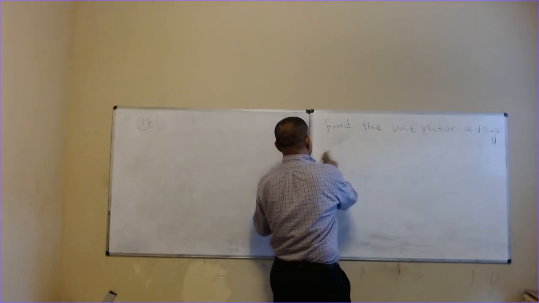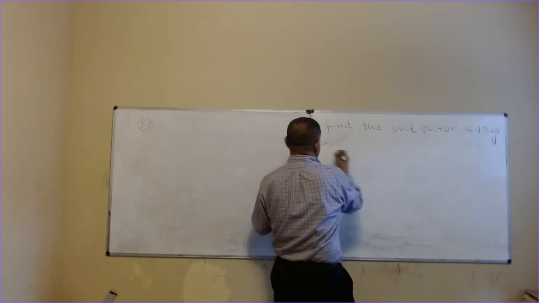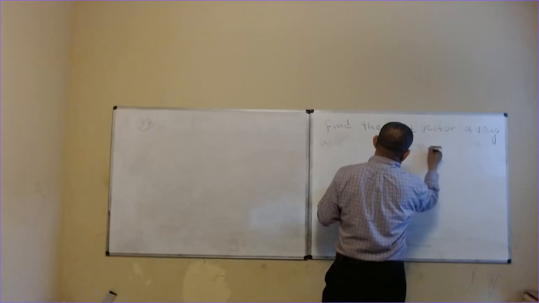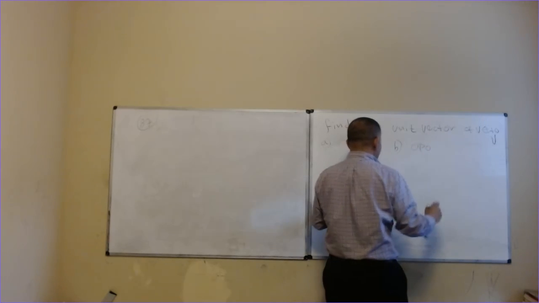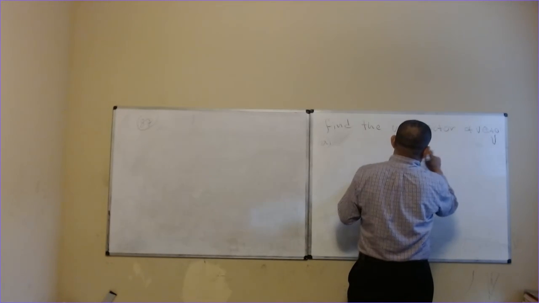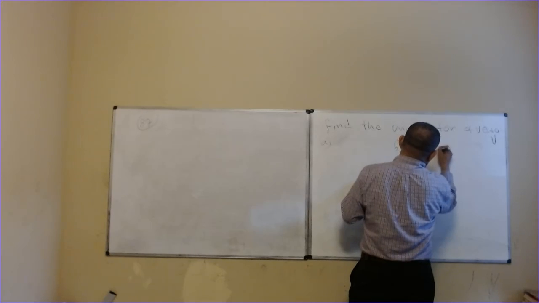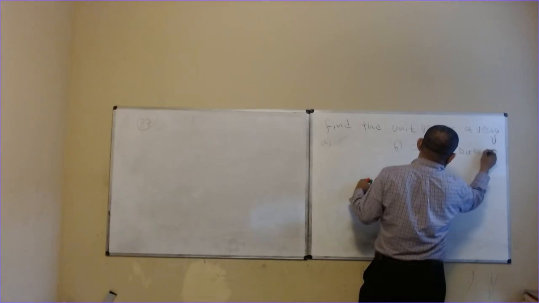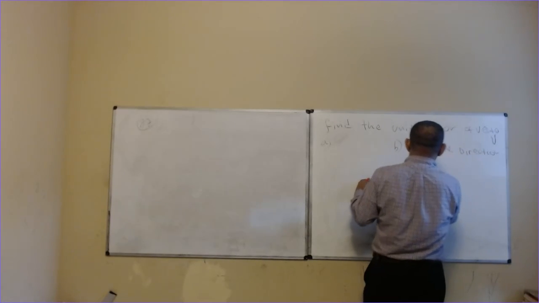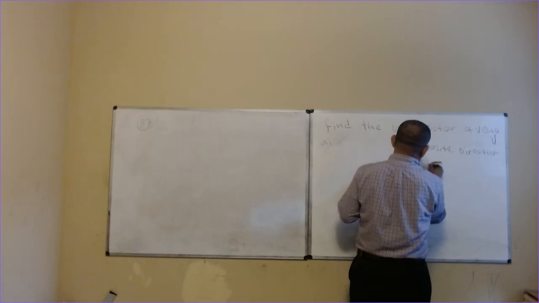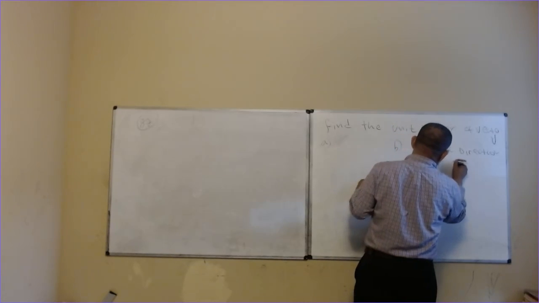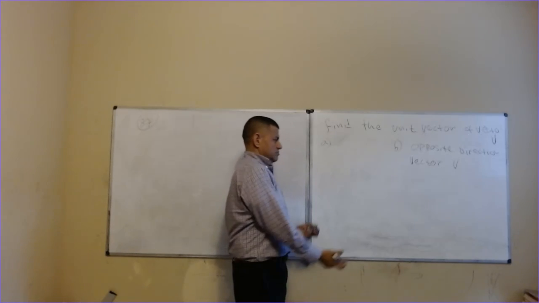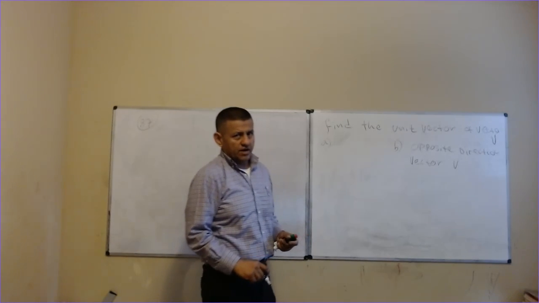That's part B, opposite direction of vector v, right? So which means just switch, right? Just revert the sign of whatever the magnitude is.